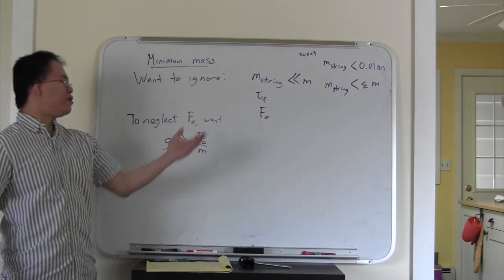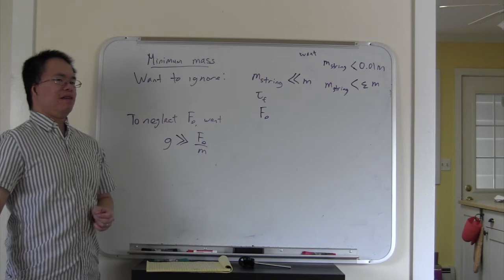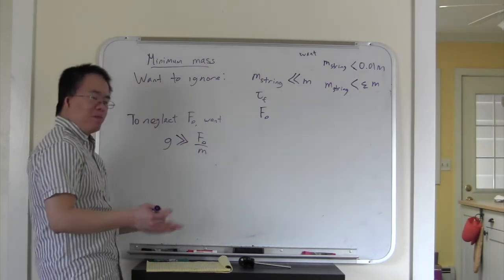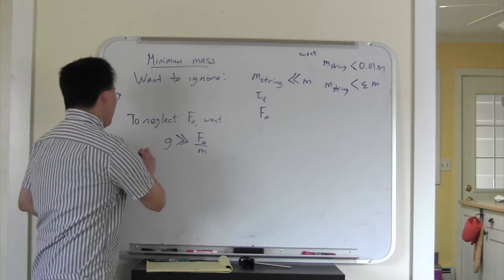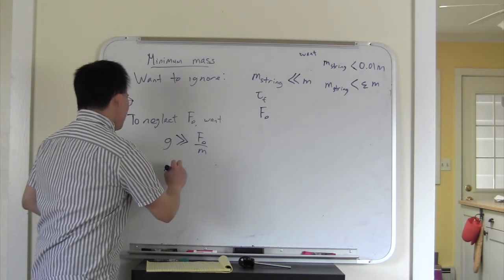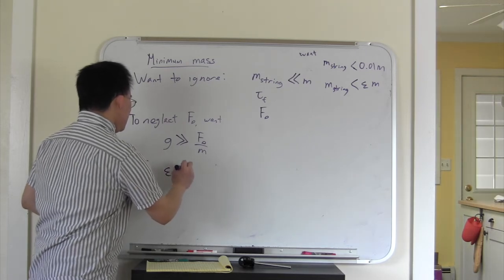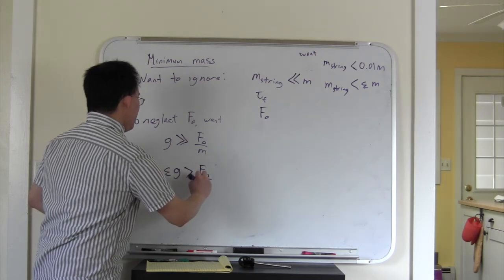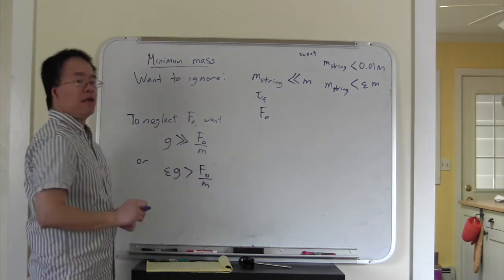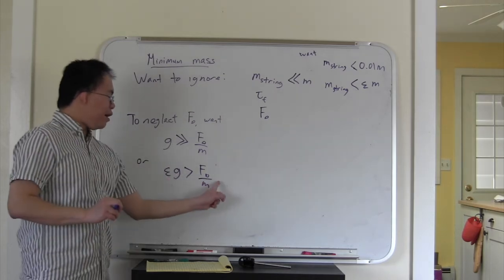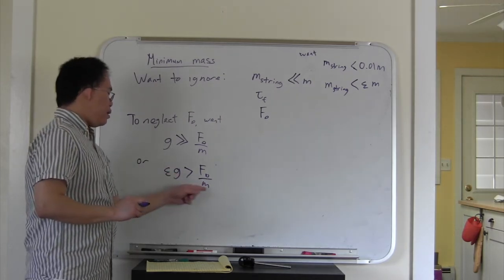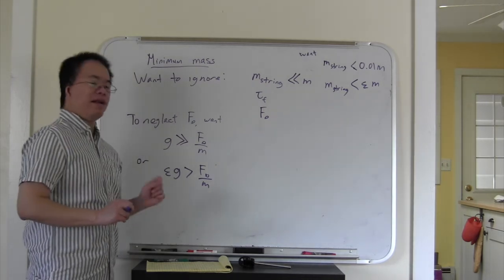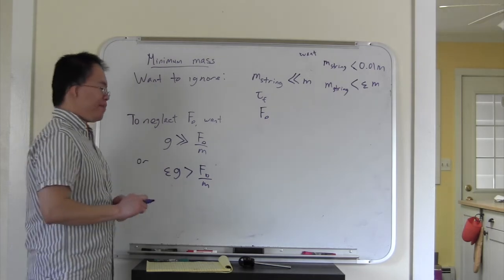Using the same idea, with epsilon being like 0.01, I want epsilon times little g to be larger than Fd over my mass. So once again, if I estimate my Fd, I can calculate the minimum value of m that satisfies this inequality.